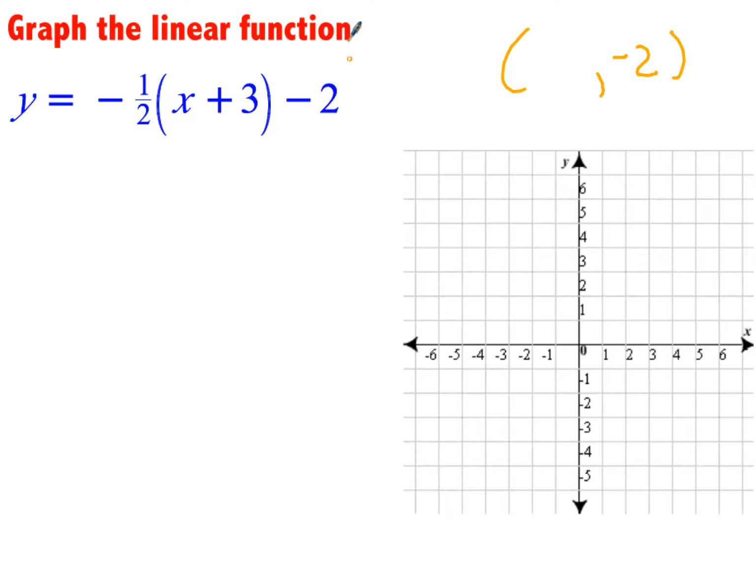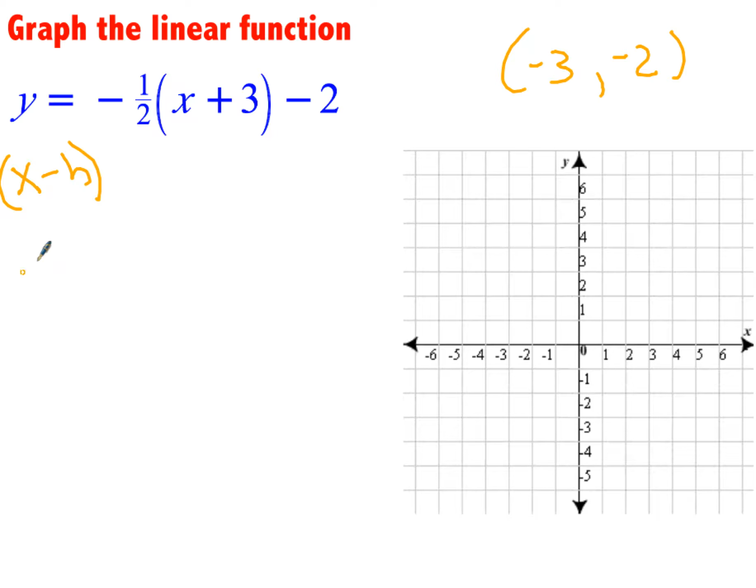Now I need to see what my x value is. Again, because it was x minus h inside those parentheses, I need to take whatever the opposite is here for my x value. So because this is +3, my h is actually going to be -3.